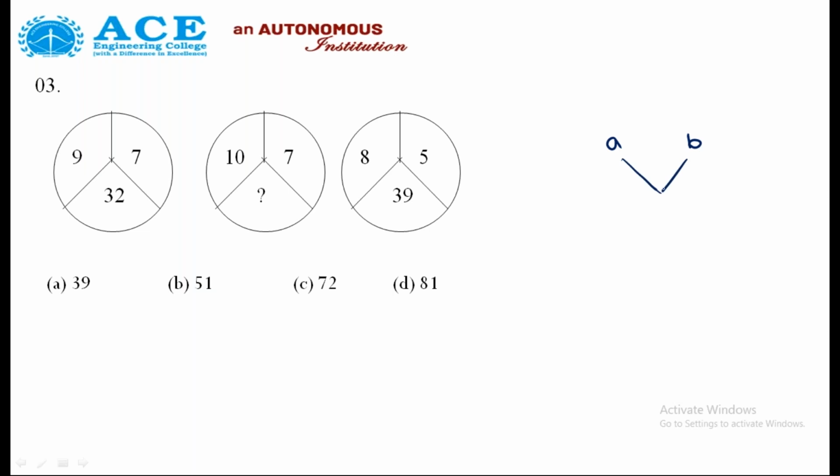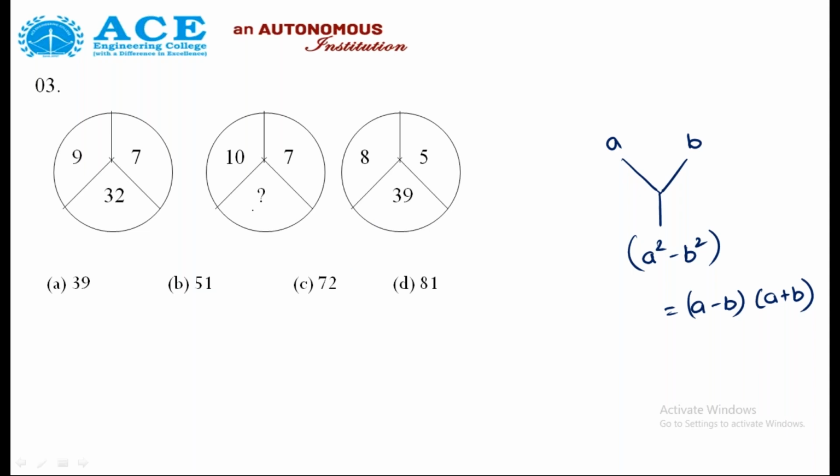It is nothing but A square minus B square, in the sense A minus B into A plus B. 9 minus 7 into 9 plus 7, my dear friends. 16 into 2, 32.